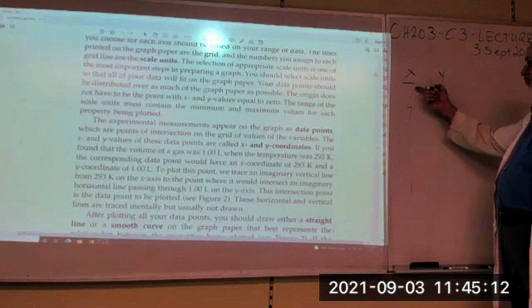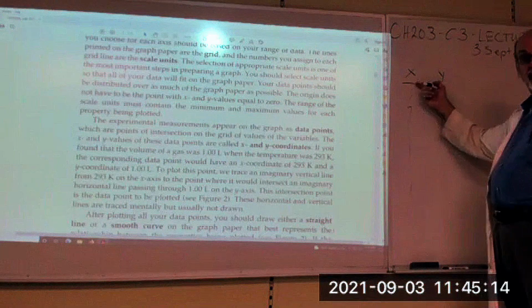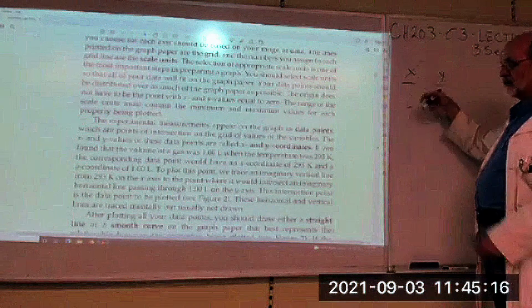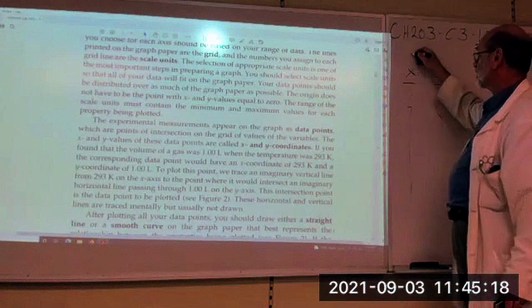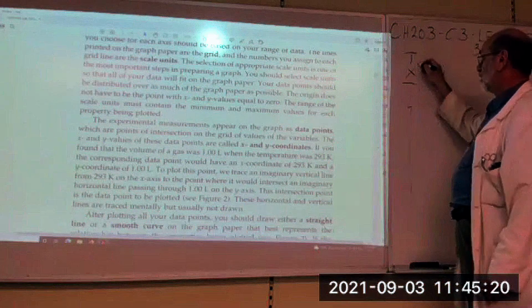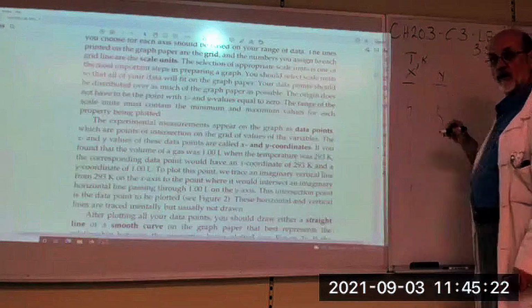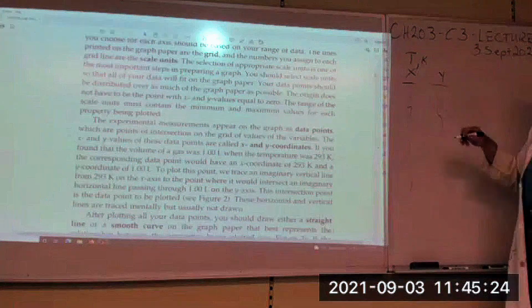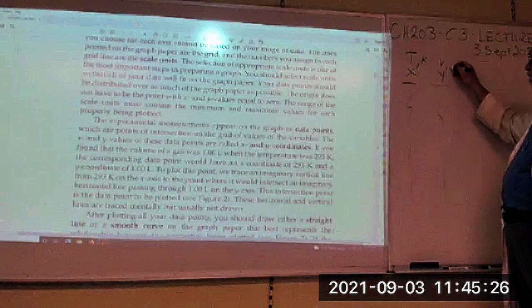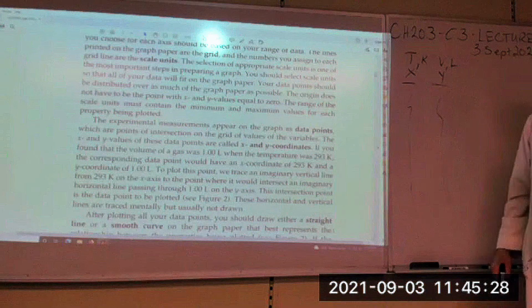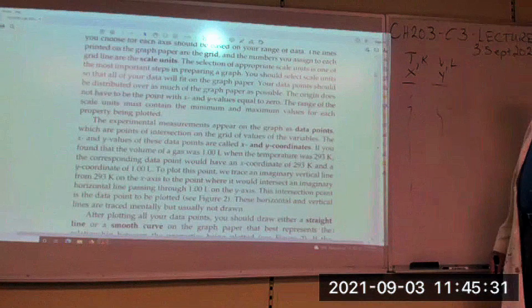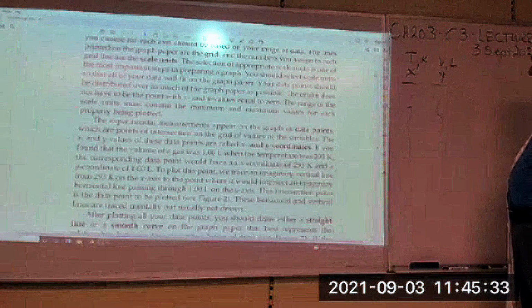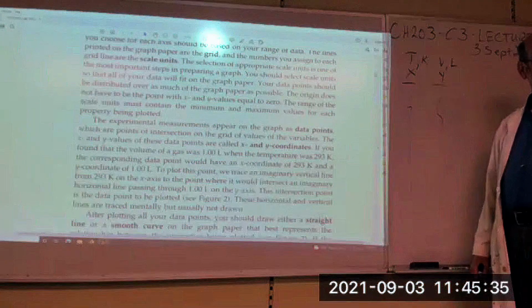Well, what are you trying to say here? Let's use our previous example. Say this is temperature. Well, you want to know what the temperature units are. And this is volume. You want to know what the volume units are, because that's going on your graph. Then what else? You want to know the range.